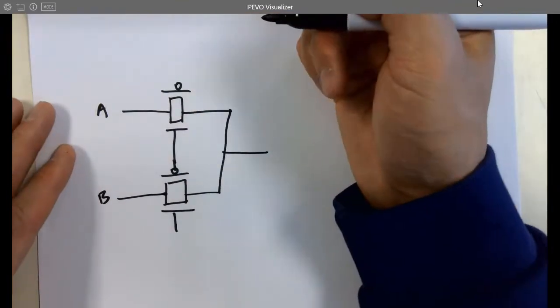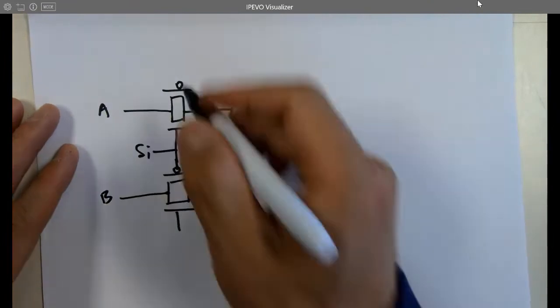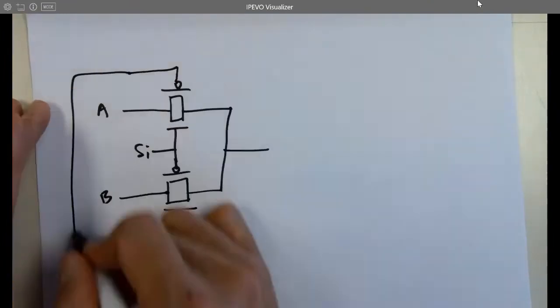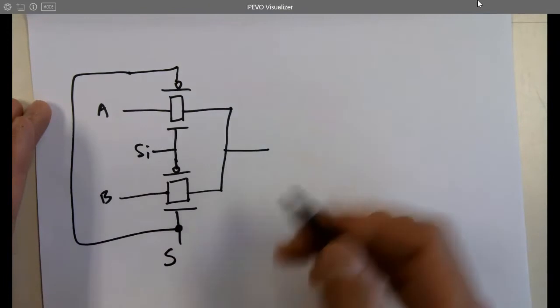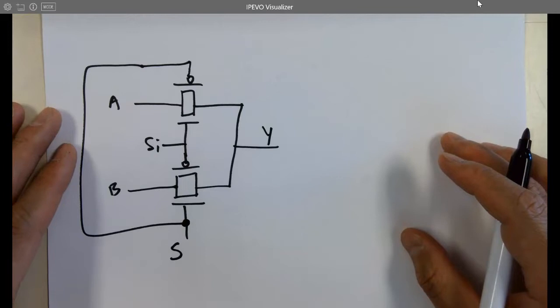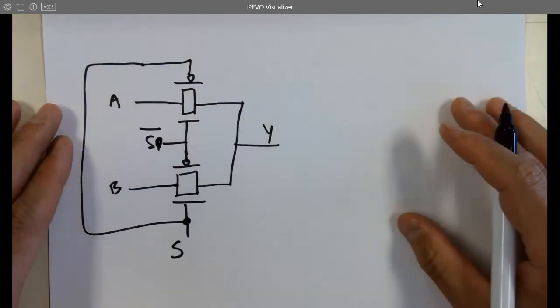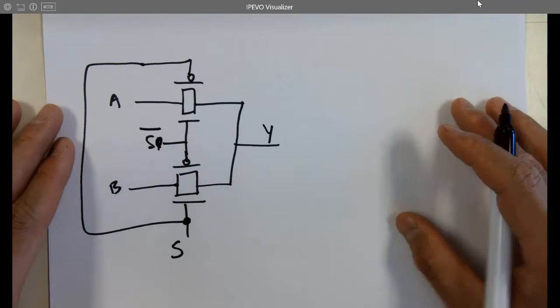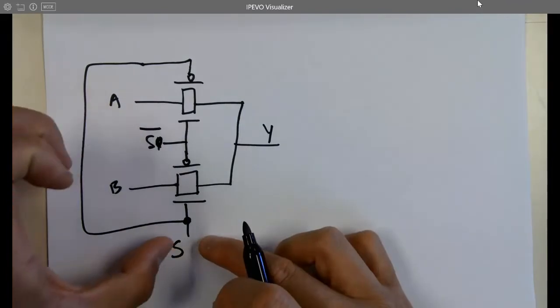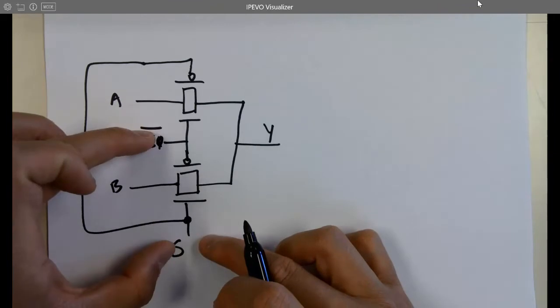If I call this one S, and these two become S, and this is Y. That's just one signal being inverted. We can add an inverter to it. I think this is what we did in the LU.